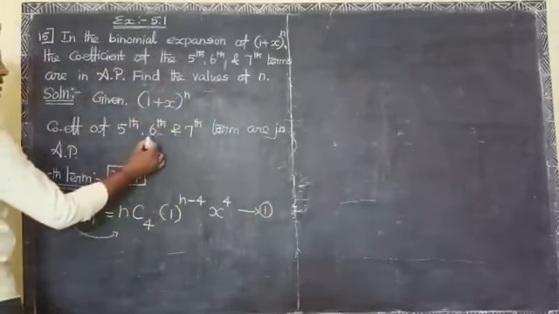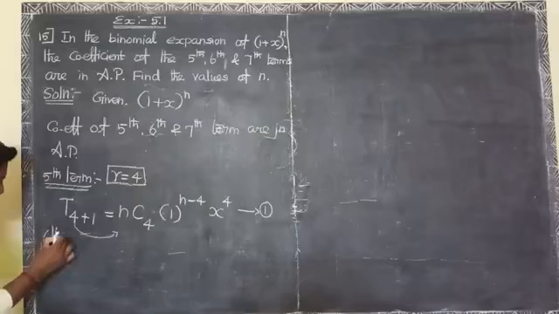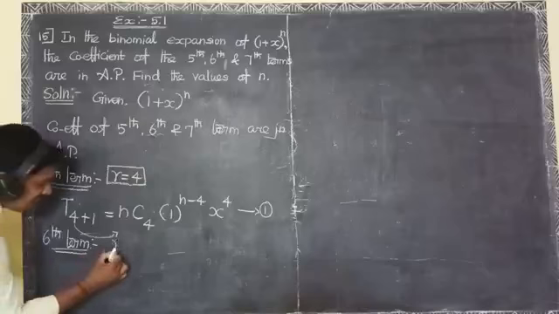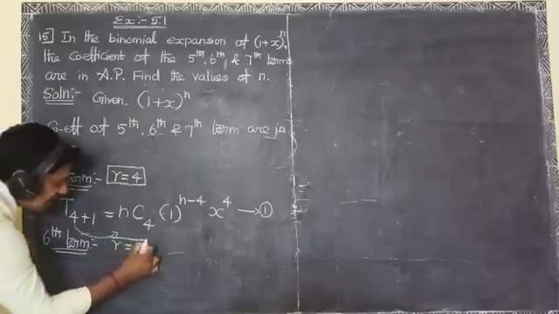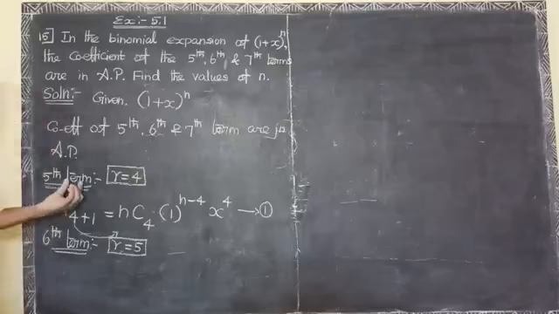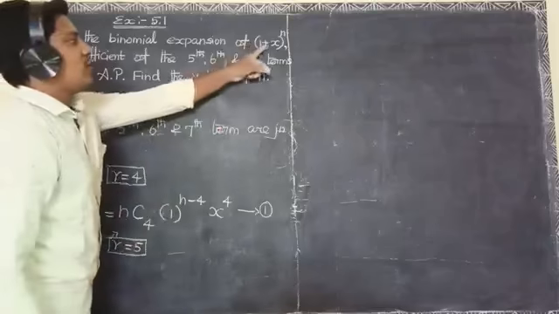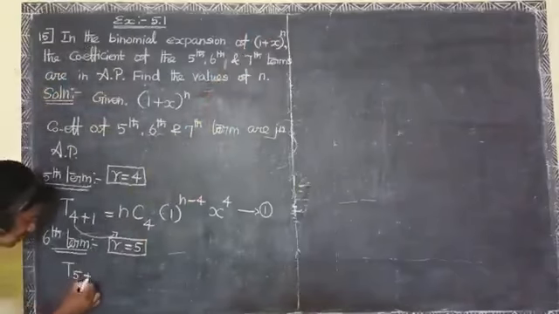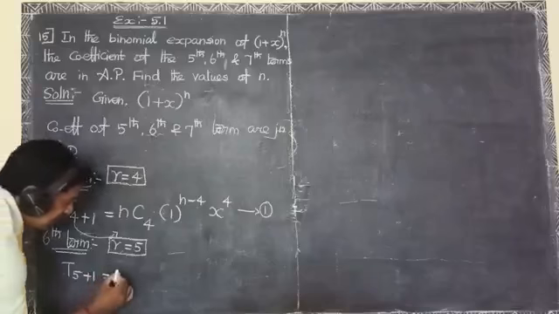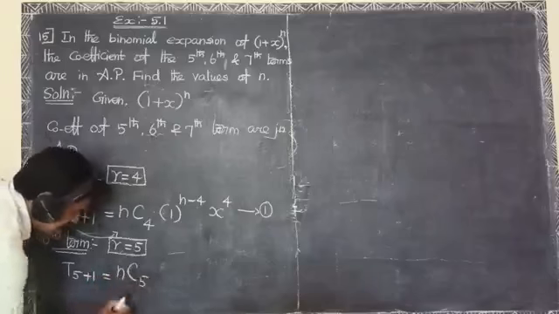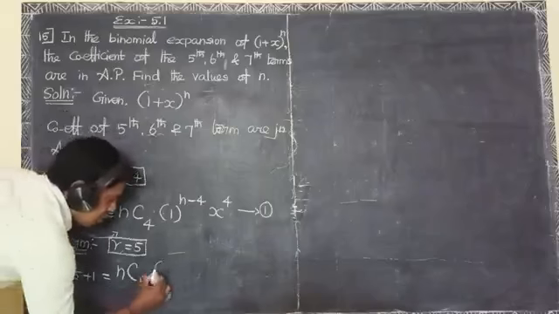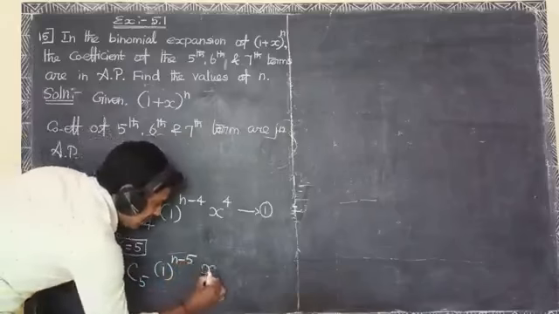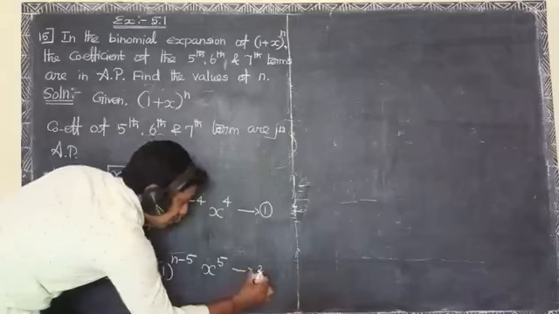Next, the sixth term. Sixth term means substitute r = 5. We get the sixth term in the expansion of (1 + x)^n. Here T(5+1) equals nC5 1^(n-5) x^5. This is equation number 2.